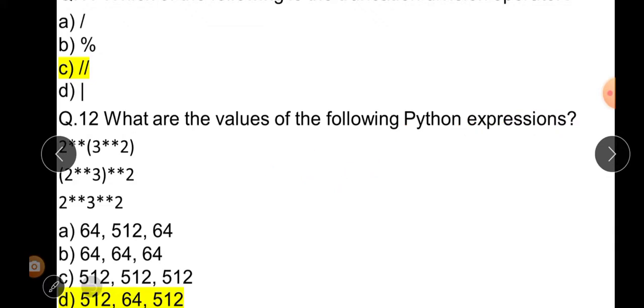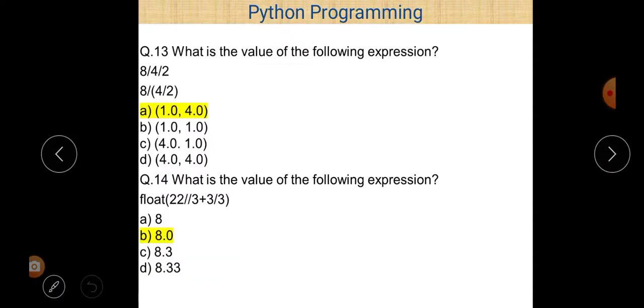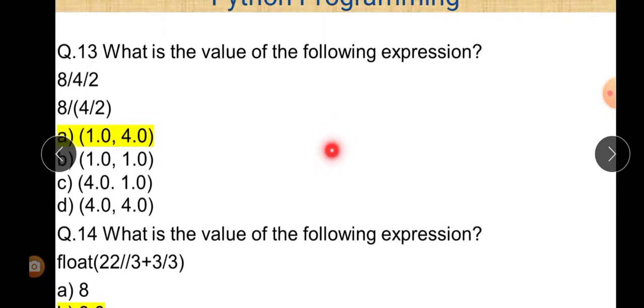Okay. Now let us take another question. What is the value of the following expression? 8 slash 4 slash 2. So the first question is, I think, very simple. As we know, slash represents the division operator, and its evaluation is always from left to right.